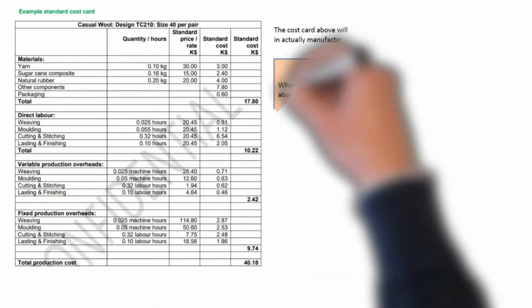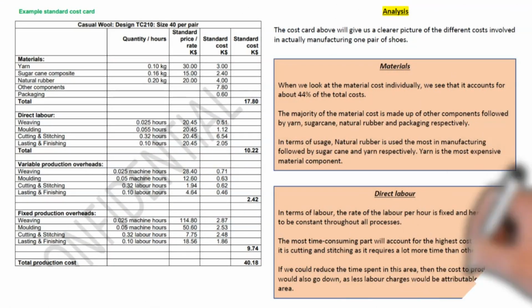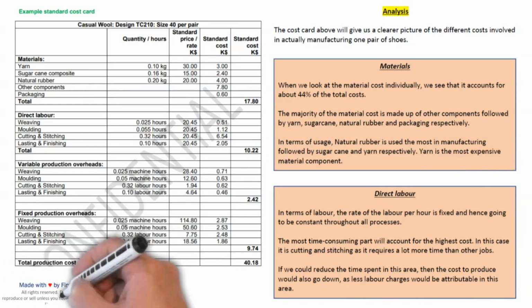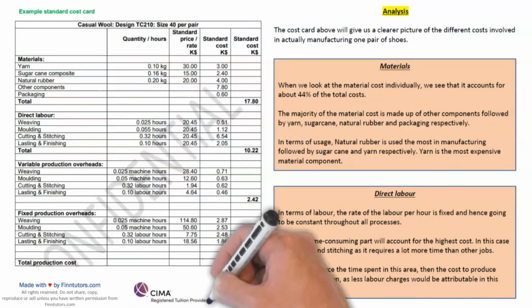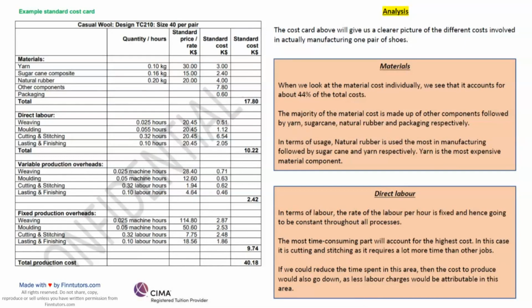Now on screen we have a sample cost card. This sample cost card gives us the sample of how the costing is done for a casual wool size 40 pair shoe. So what are all of the costs that go into it? Clearly you will see the first part is the materials part.